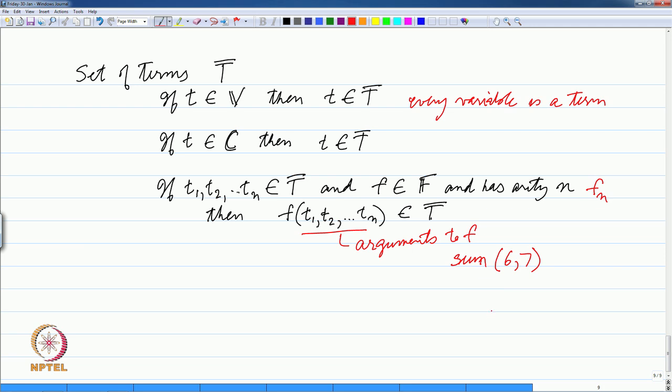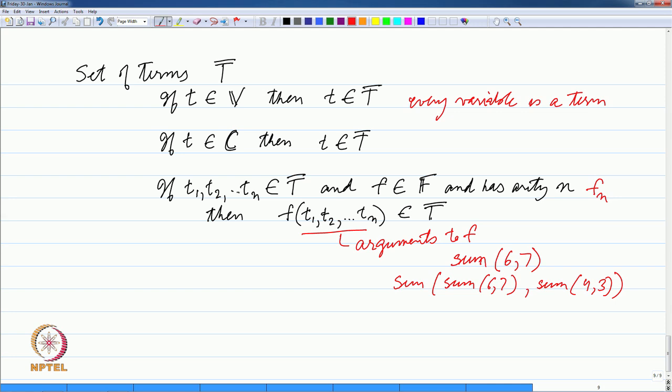So, that is a term essentially. I could have also written sum 6 7, sum 4 3, and that should also be a term. So, the arguments to terms need to be terms, that is the only condition that we have essentially.